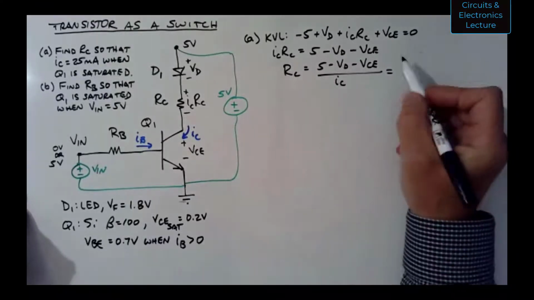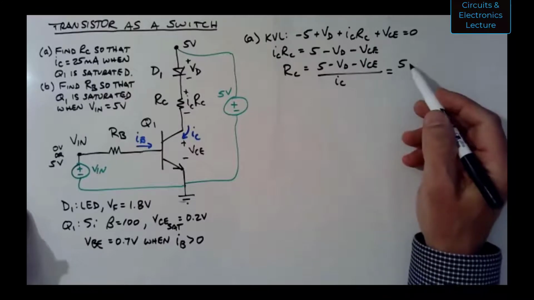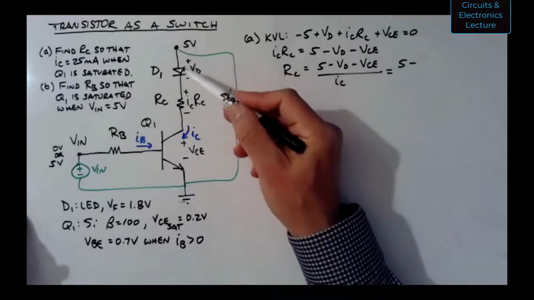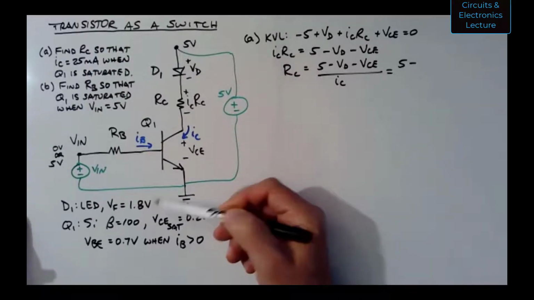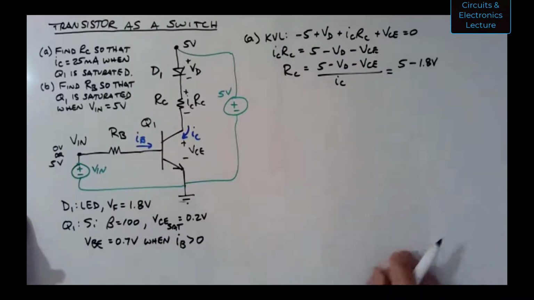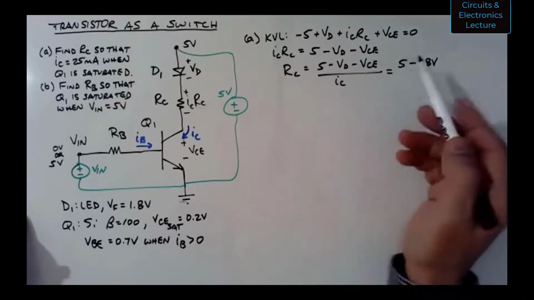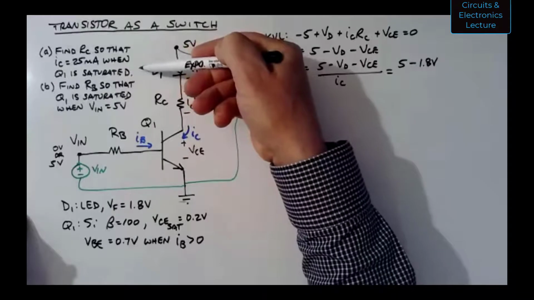So now we can fill in some values. 5 volts, that's the power supply value. VD, we know we have current flowing through the diode, so VD equals VF for that diode, 1.8 volts. VCE, we're assuming the transistor is saturated here. That's when the LED is on.